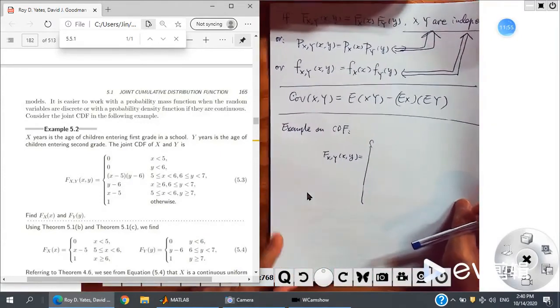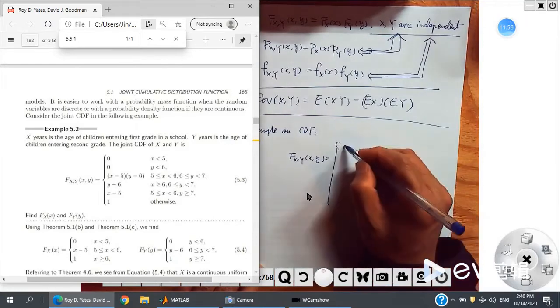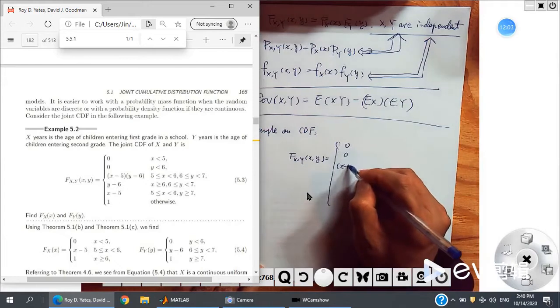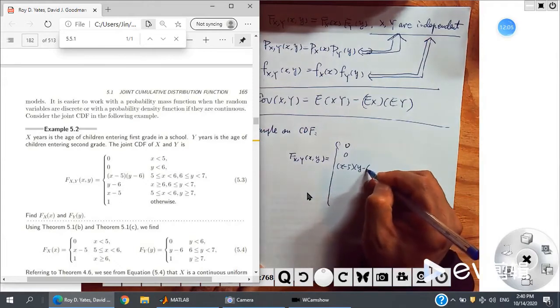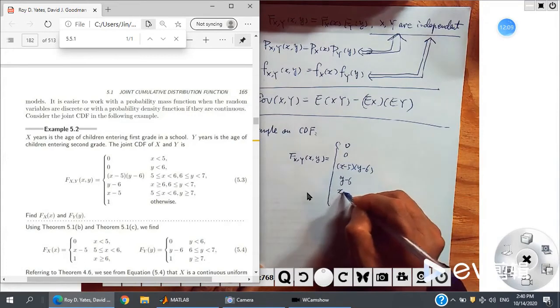It will be 0, 0, (x minus 5)(y minus 6), y minus 6, x minus 5, and 1.